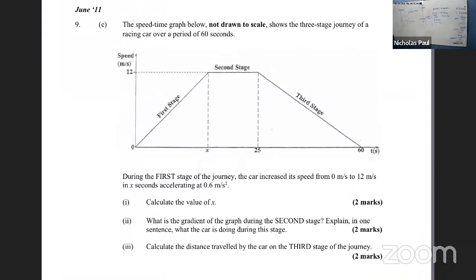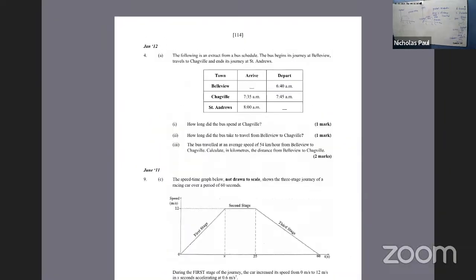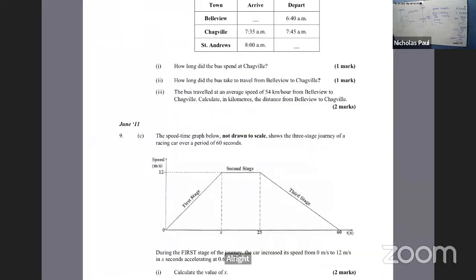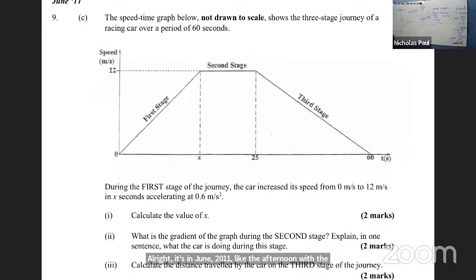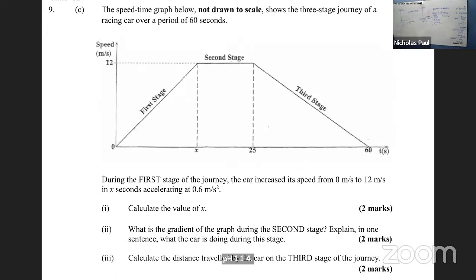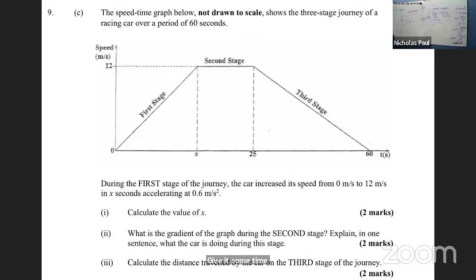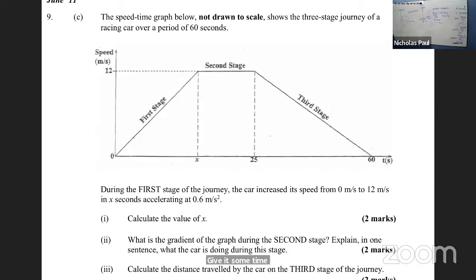All right. This is June 2011, or if you have the handout, go to page 114. I'll give you some time to try this one. June 2011, number 9. You can take a picture of it from the handout.